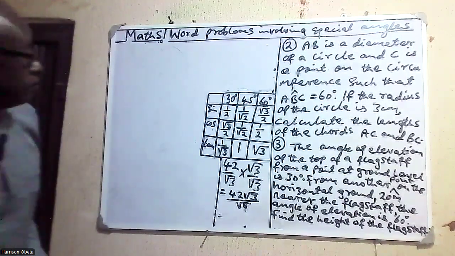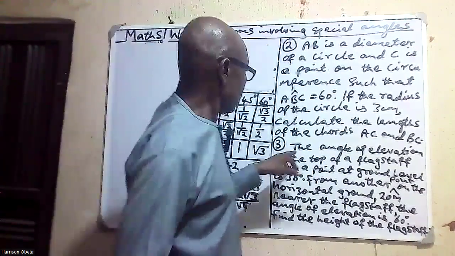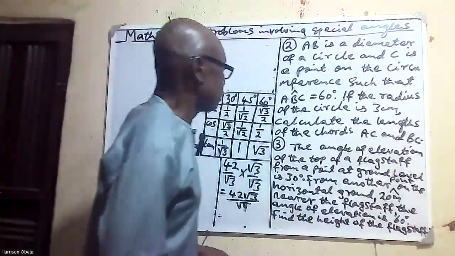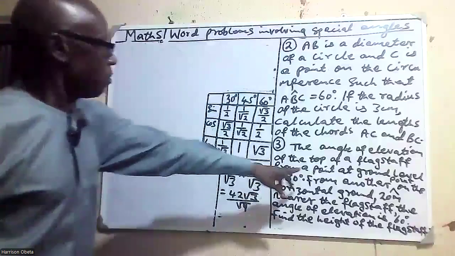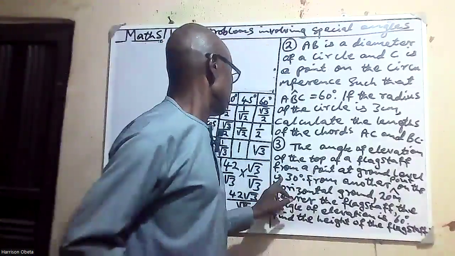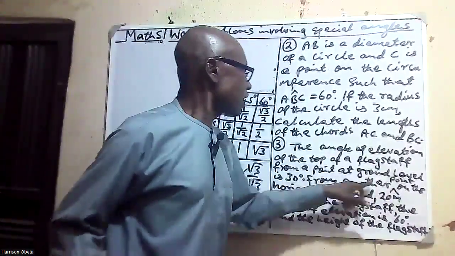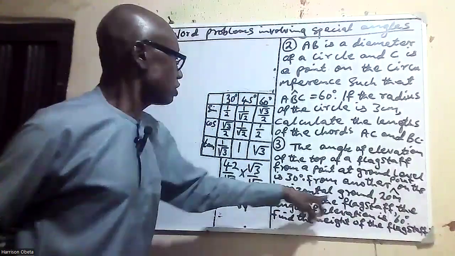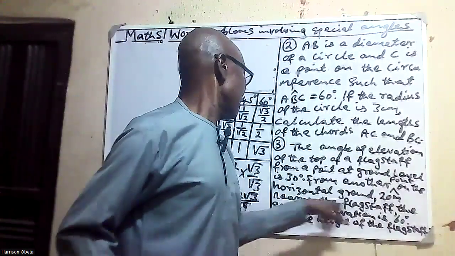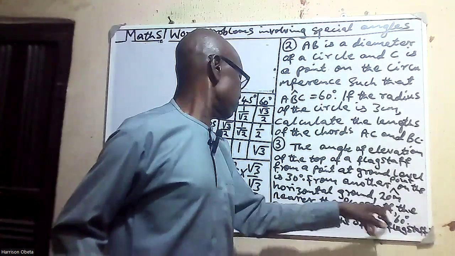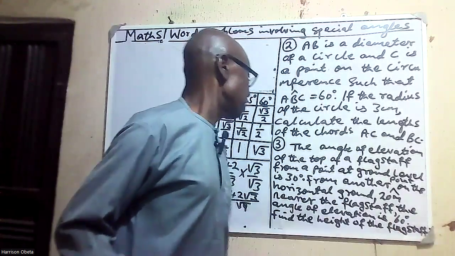In number 3, we were told that the angle of elevation of the top of a flagstaff from a point at ground level is 30 degrees. From another point on the horizontal ground, 20 meters nearer the flagstaff, the angle of elevation is 60 degrees.